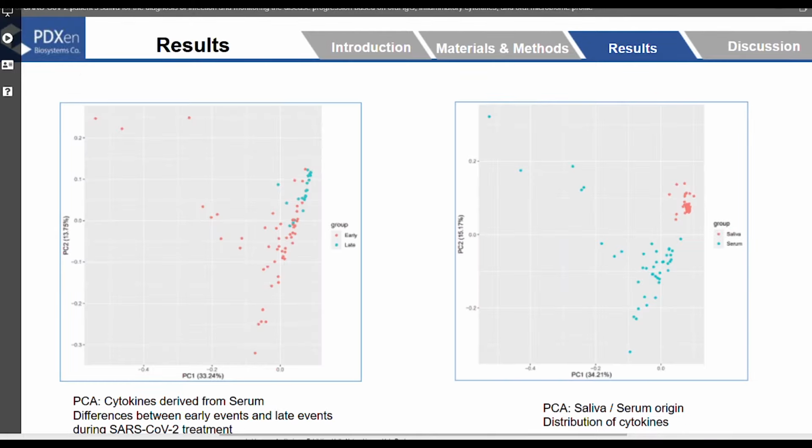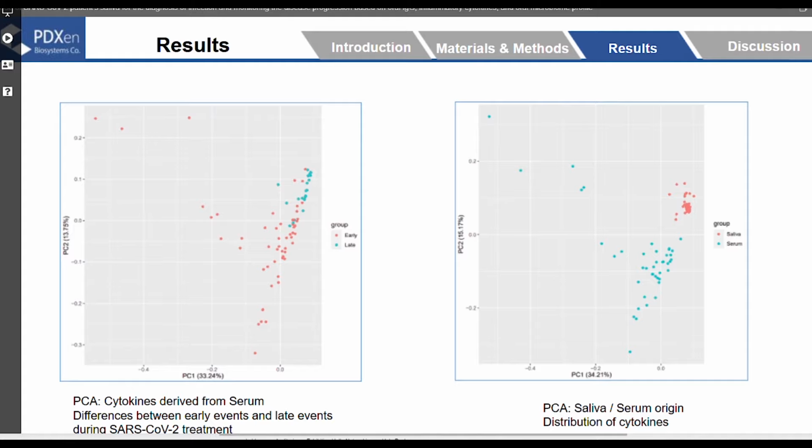On the next slide, what about the cytokine levels and what patterns they show? In the first infections, including asymptomatic ones, the cytokines are very diverse and the levels change. We also compared saliva and serum. Saliva is very diverse, but serum is very highly concentrated, and they are closely related to each other.